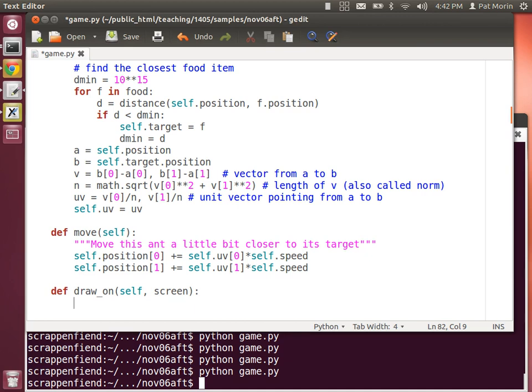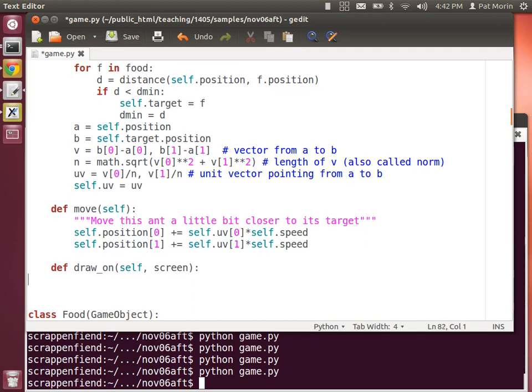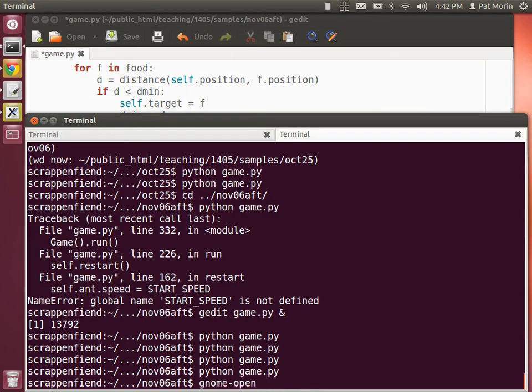So remember, game objects have this method that allows them to draw themselves onto a screen. Ants are somehow different, and we would like them to draw themselves differently on the screen than other game objects. So we'll just override that method so that ants do it themselves. And now we want to draw this thing pointing in the right direction. So how do we do that?